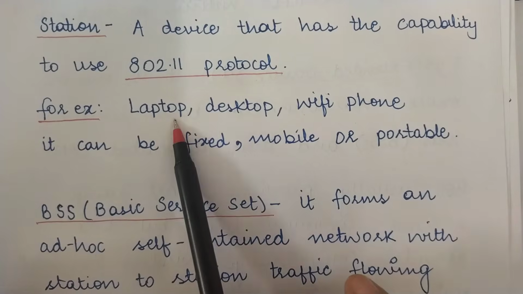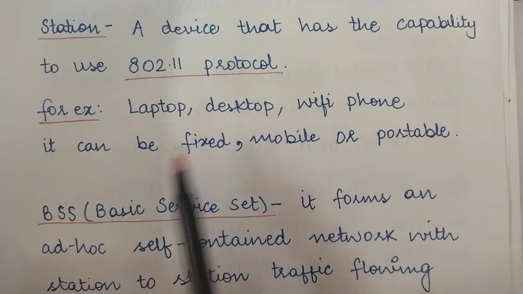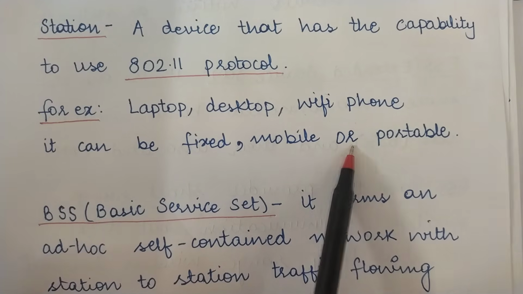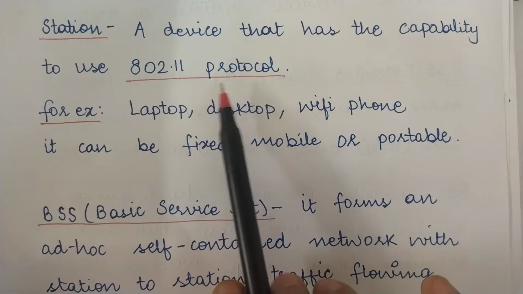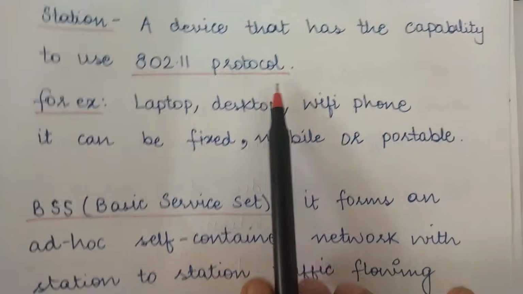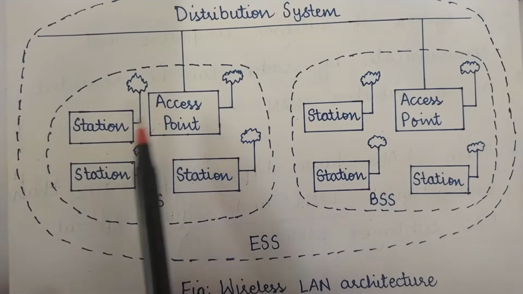It can be a laptop, a desktop, a Wi-Fi phone or a mobile phone. It can be fixed, mobile or portable; any device which is capable of connecting using the 802.11 protocol. Okay, now we have discussed the access point and the stations.